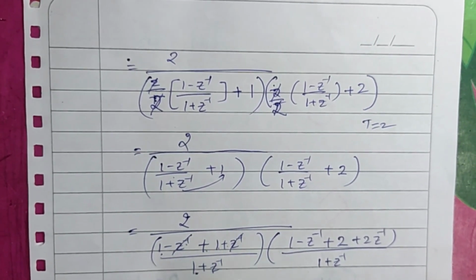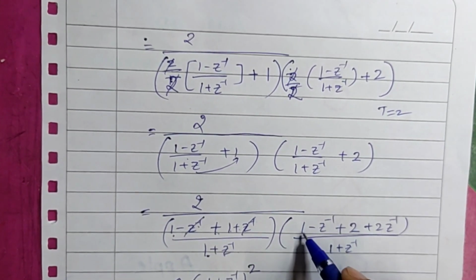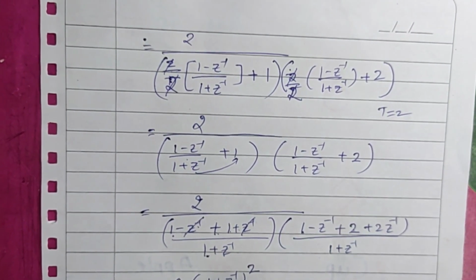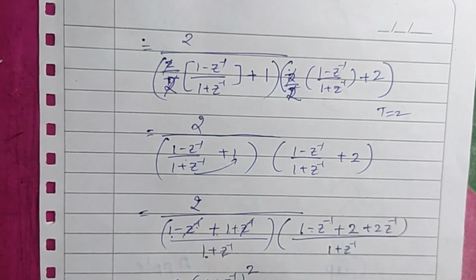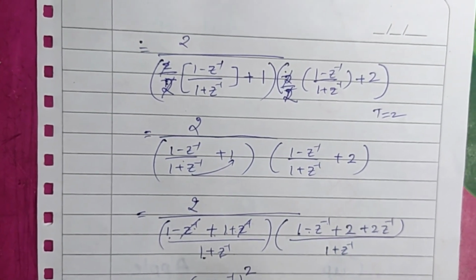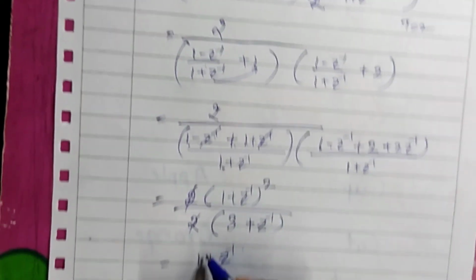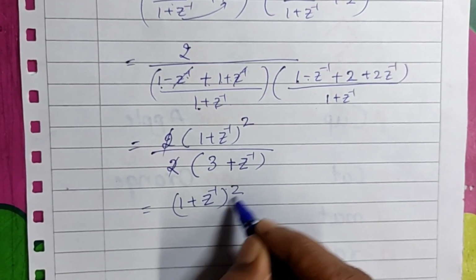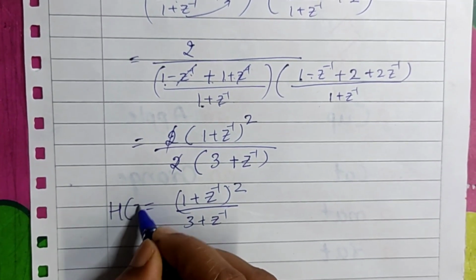So this gets cancelled, right? Which remains only 2 into, in this case, 1 plus 2, which is 3, minus z raised to minus 1 plus 2 z raised to minus 1, which is plus z raised to minus 1. Okay, 2 gets cancelled. So we can write (1 plus z raised to minus 1) whole square divided by (3 plus z raised to minus 1), which is h of z.